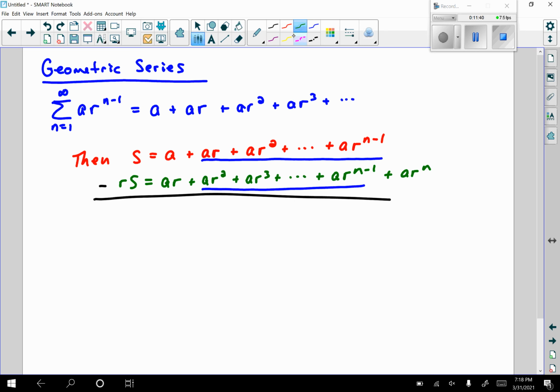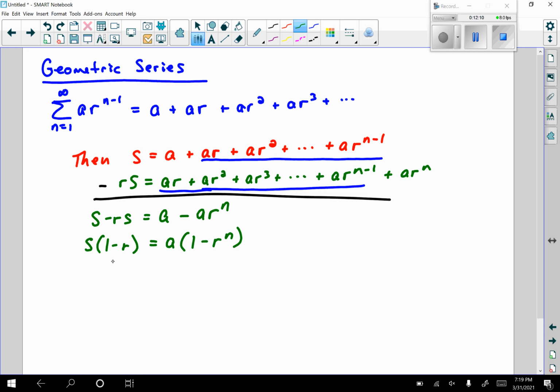So this would just give me s minus rs, and then I would be left with, actually it starts here and matches everything above. So I'm still going to be left with a, and I'm still subtracting, so then at the very end we'll be left with minus a times r to the n. I'm going to factor an s out, and that's going to leave me with a 1 minus r. I'm going to factor an a out, and that's going to leave me with a 1 minus r to the n. And this is the formula.